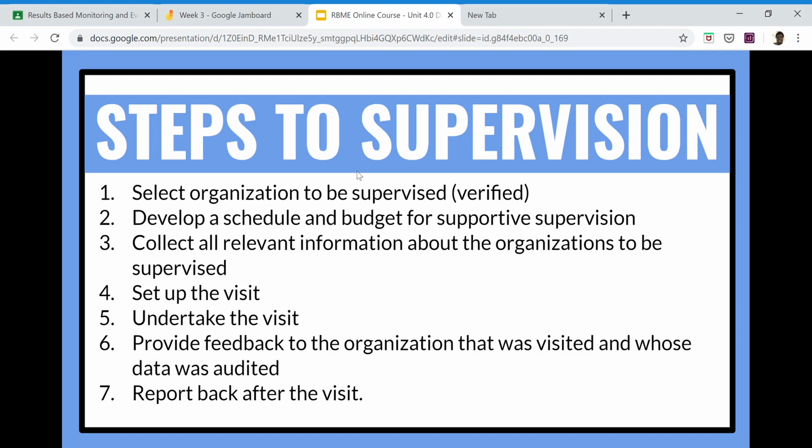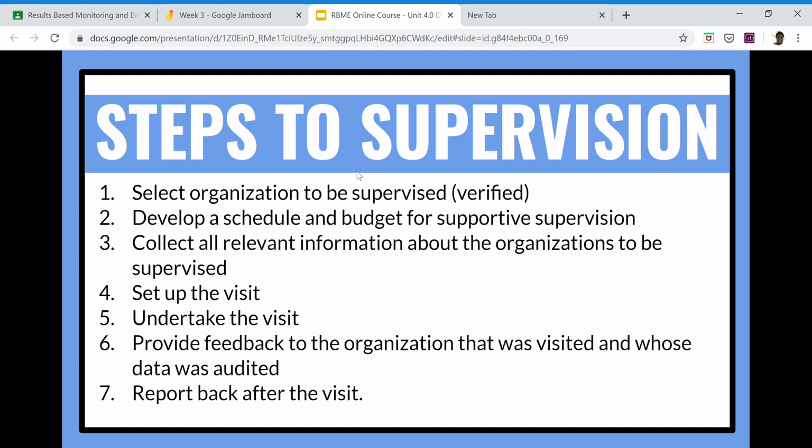These are very important to have a robust M&E system in an agency, organization, or a department. So these are 7 key steps that are important for supportive supervision.